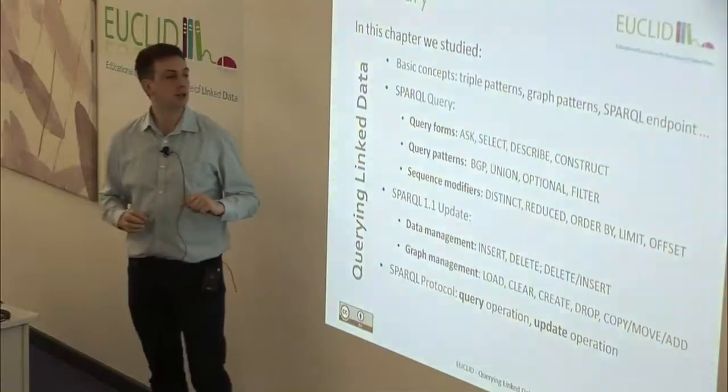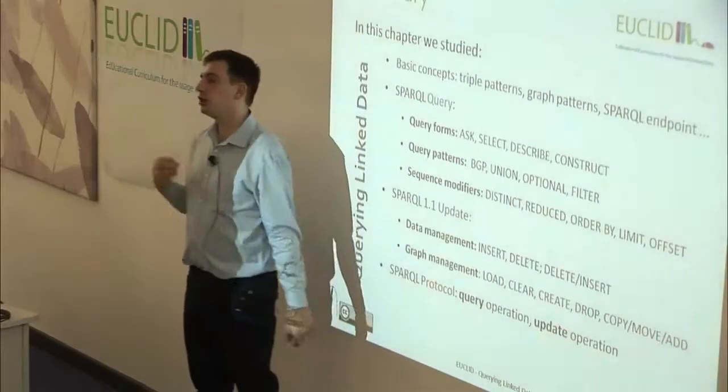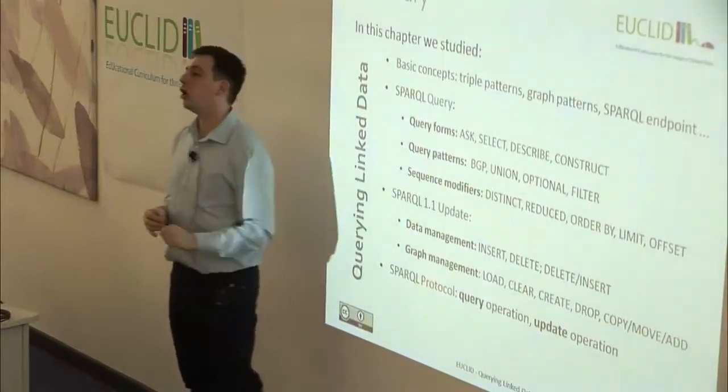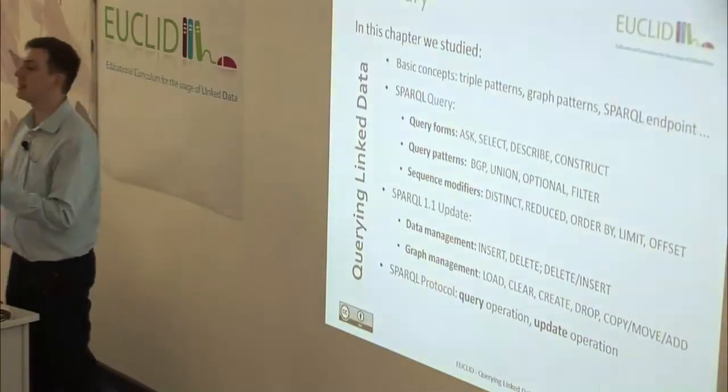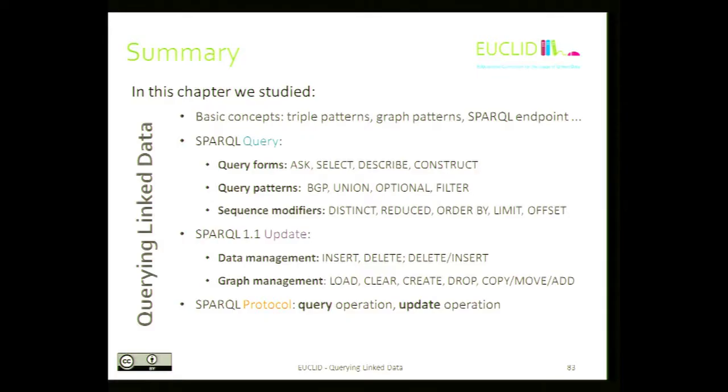Then we saw beyond the basic graph patterns, you have keywords like union and optional that say, I don't necessarily want all of this pattern fulfilled. There's certain points where you could say either this, or give me this optionally if you have it. We covered filter, which says, you found these bindings, but some of them are not interesting to me. So I'll give you an expression to say which rows are interesting.